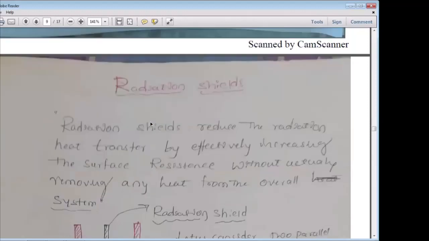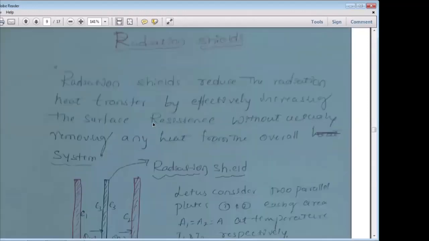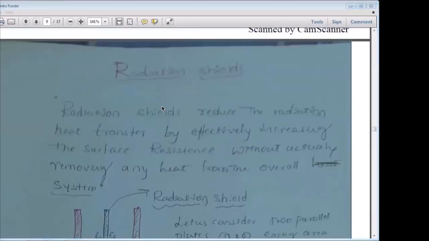Next we will go for the radiation shield. Any questions here?